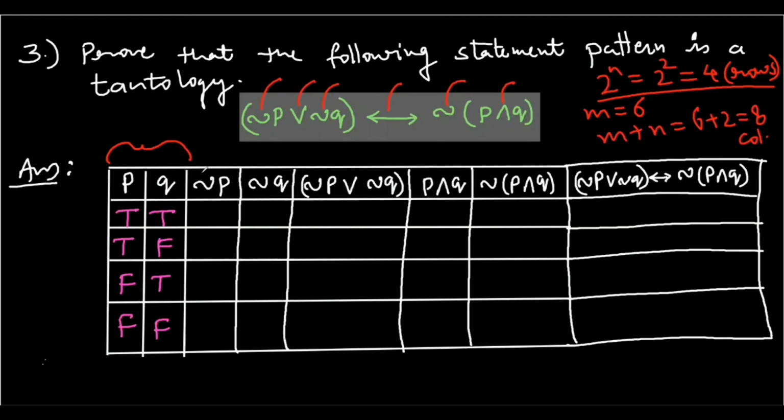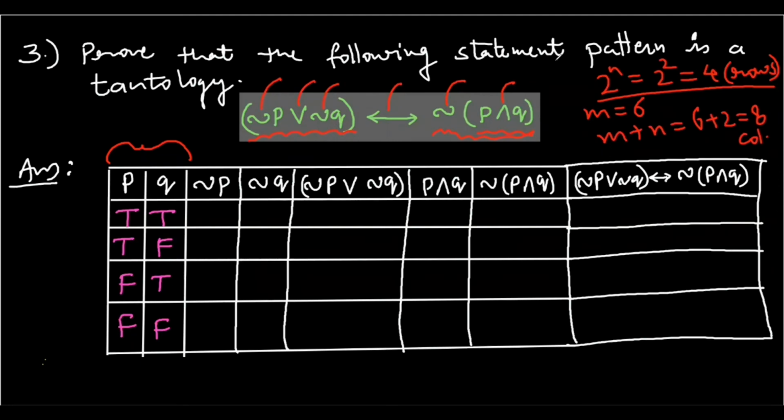Then you check the negation of the component statements. I had negation of P, negation of Q, so I went for that. Then I saw that these two are in brackets, so I went for that. Then there is one more bracket, P and Q, I went for that. Then I saw that I have negation of this, I went for it. And then finally, having got this and this, I went for the complete statement pattern.